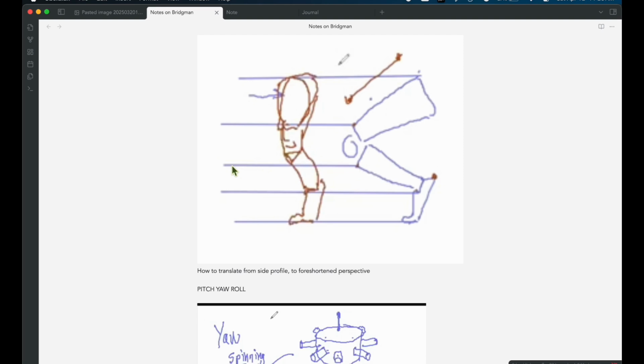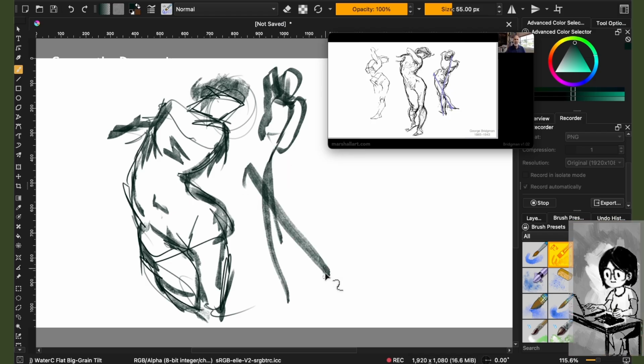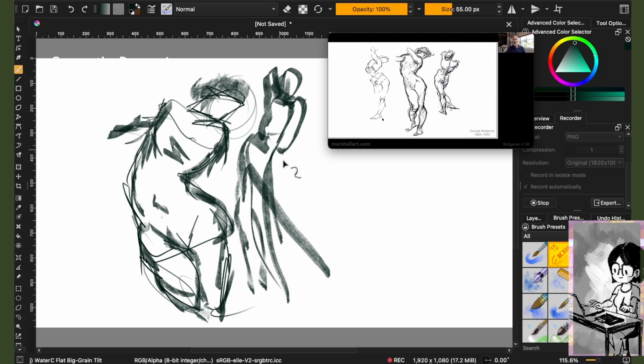The height of this thigh is still going to be the same height even when it's front facing, and also the height of the knee is going to be the same. Until you get all of the parts that are foreshortened, it's a bit difficult, but you can train your eye to do it, and it's actually pretty fulfilling when you try it.